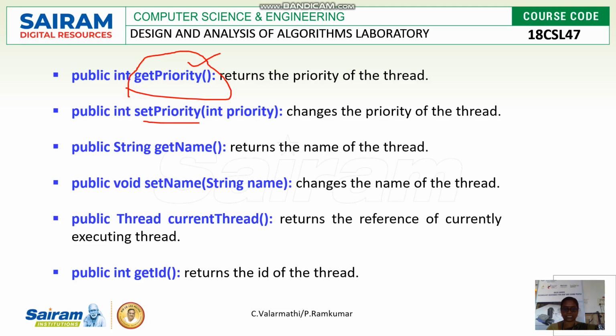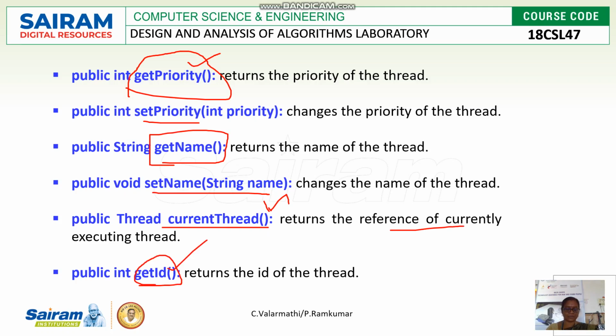The name of the thread is retrieved with getName, and setName assigns the name. To know which thread is currently executing, we have currentThread, which returns the reference of the currently working thread. To receive the ID of a thread, it has the method getId.